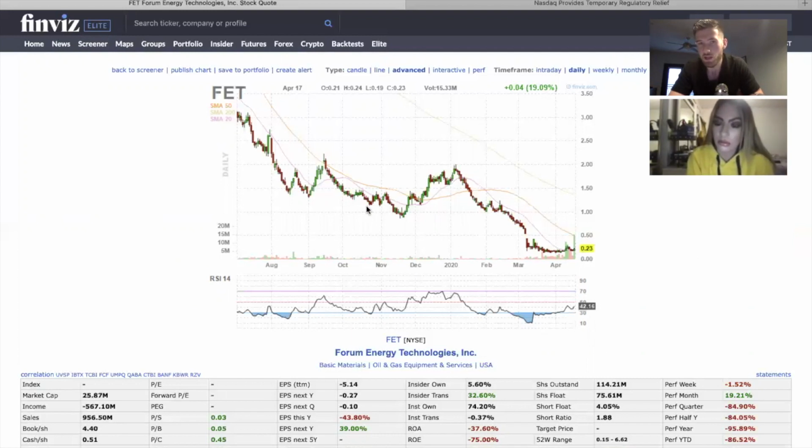So I really like how it's bottomed out down here because that means there's less risk and more reward. So there's much more upside for this stock than there is downside. And after watching what TRNX just did, then FET is definitely on my radar for next week.